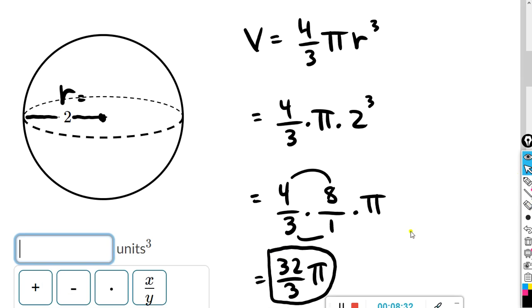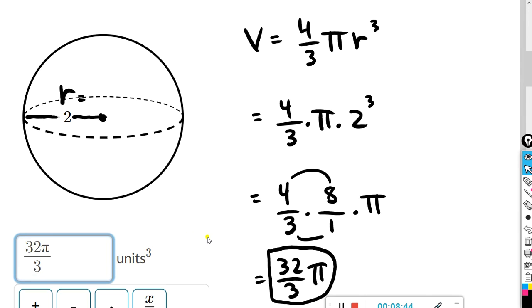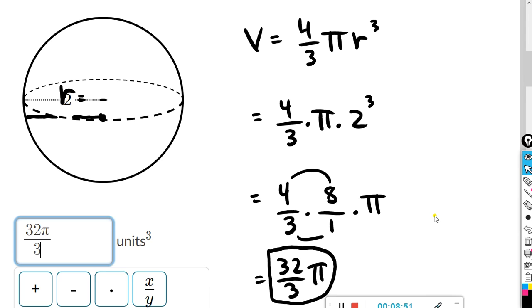Remember, I said when the pi is in the front of the fraction or in the numerator, that's the same thing. All right, just to prove it to you, I'll type 32 pi. Click slash and type 3. Okay, you see pi is in the numerator, but that's the same thing as if it's multiplied in the front of the fraction.